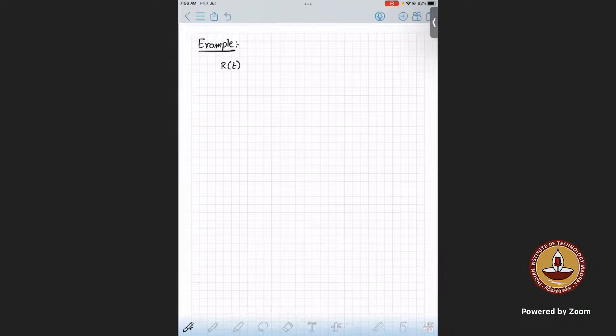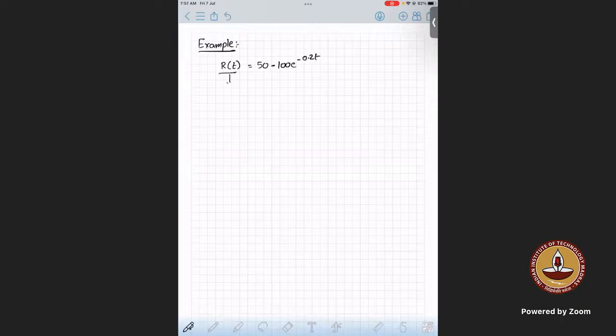R of T equals 50 minus 100 e power minus 0.2 t.